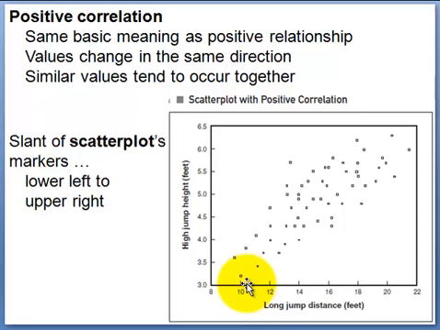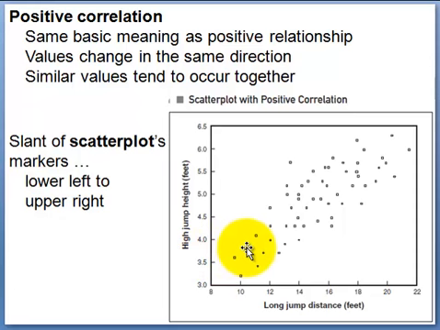This person is low in the long jump, which is to say they're on the left side of the x-axis. And similarly, this person's high jump height here is under 4 feet. They are towards the bottom of the y-axis, so they are low in high jump.